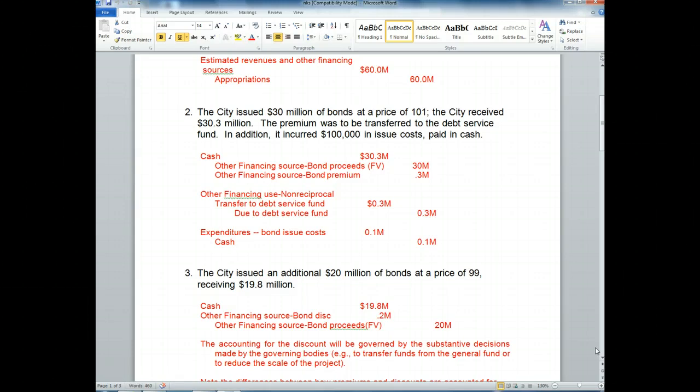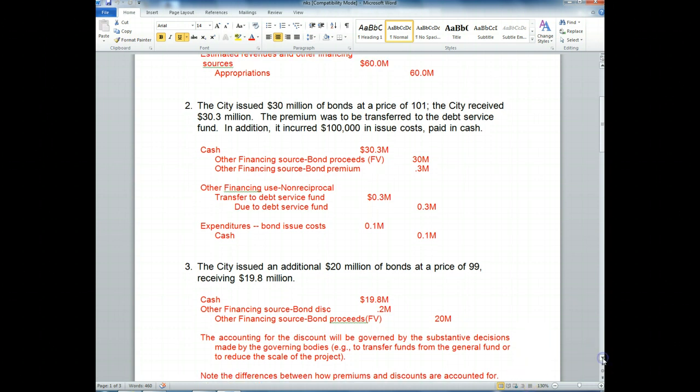If that's the case, then you'll take the premium minus those bond issue costs. Do you see what I'm saying? So just look and see how it's worded. Again, we're keeping it real general here. Any questions so far?